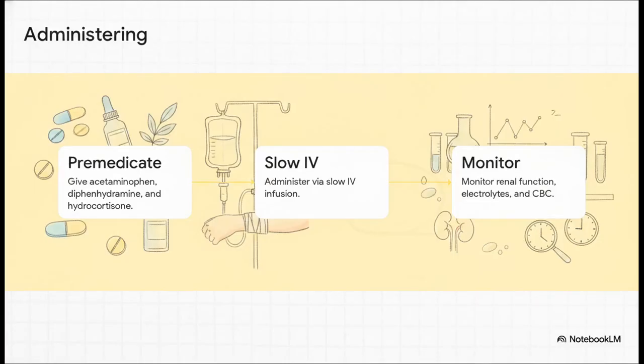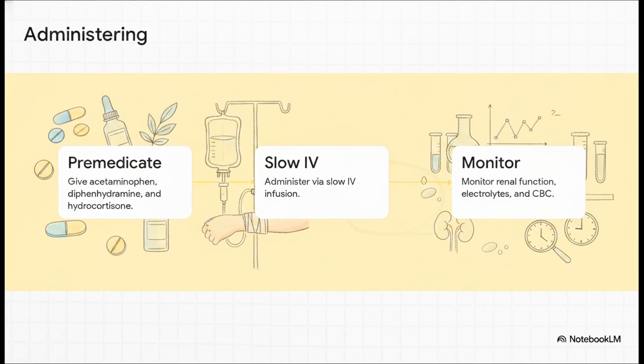So because of that immense collateral damage, you've got some critical tactical maneuvers to pull off before you even think about hanging that IV. First things first, you absolutely must premedicate your patient. We're talking acetaminophen to fight the fever, diphenhydramine for the hypersensitivity, and hydrocortisone to calm down that massive inflammatory response. Next up, you want to administer it via a really slow IV infusion.